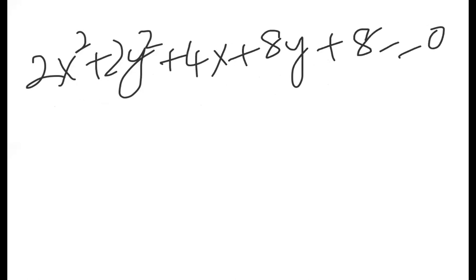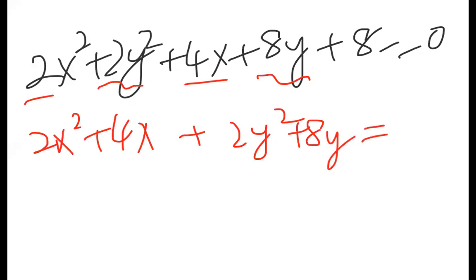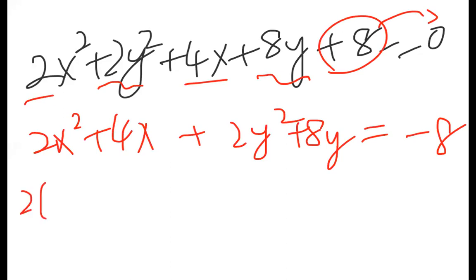All right, so the first step is to put the x terms together, the y terms together, and put the constant to the other side of the equation. For the x terms, when you complete the square, it becomes x plus 1 squared.